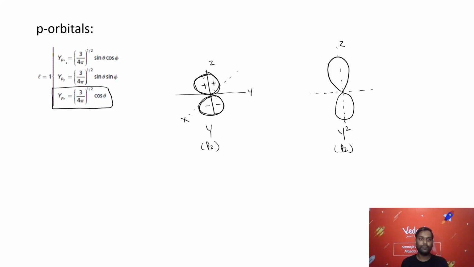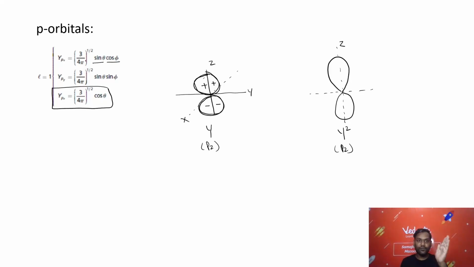Let us talk about px also. In the case of the px orbital, the angular wave function is sine theta into cos phi. As soon as you see the sine theta term, it means that if theta is 0, this value would be 0. So along the z-axis it will be 0, because along the z-axis theta would be 0 and sine 0 is 0.